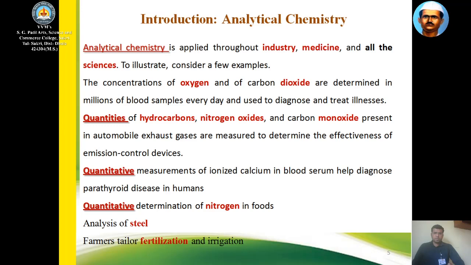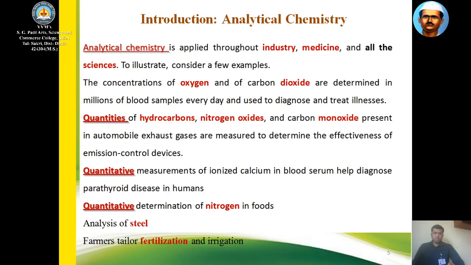Another point is quantitative analysis. We know that in quantitative analysis, there is measurement of ionized calcium in the bloodstream. Calcium can also be determined in blood serum. Diagnosis of different types of diseases in humans. There is also quantitative analysis by measuring the nitrogen content in food.